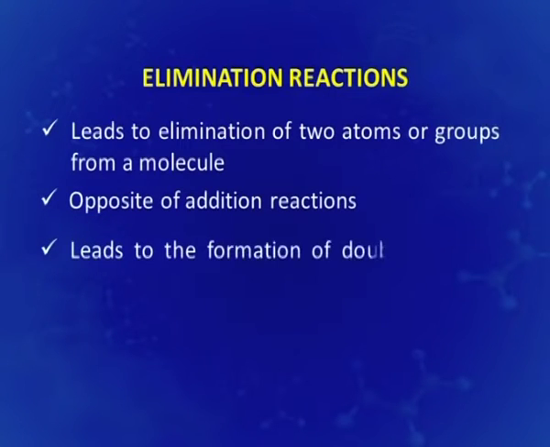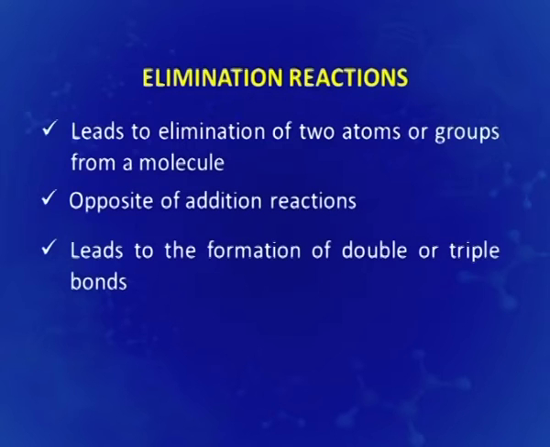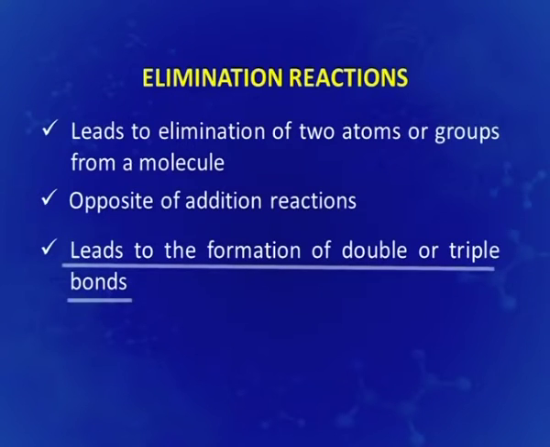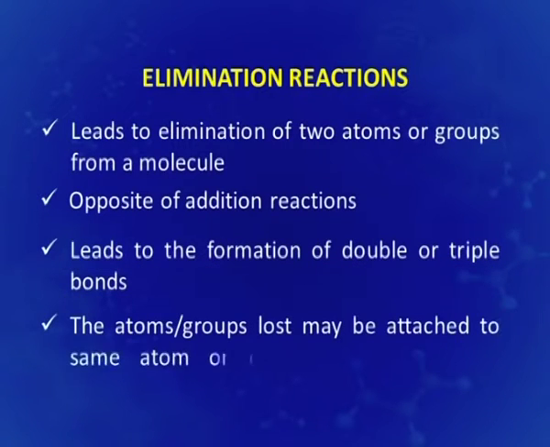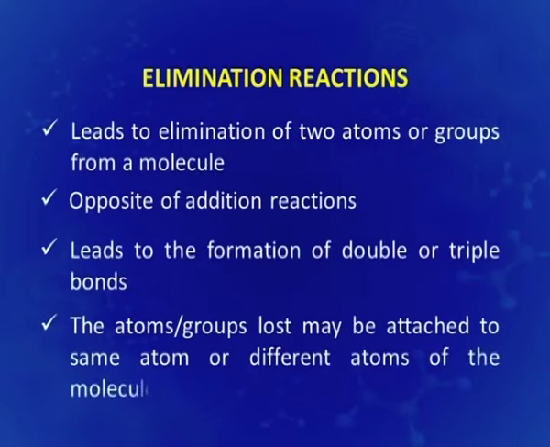This leads to the formation of double or triple bonds. Again, this is the reverse case of the addition reactions, wherein the addition takes place to a double or a triple bond and leads to a saturated compound, and here we are getting formation of a double or a triple bond. The atoms or groups lost may be attached to the same atom or different atoms of the molecule.